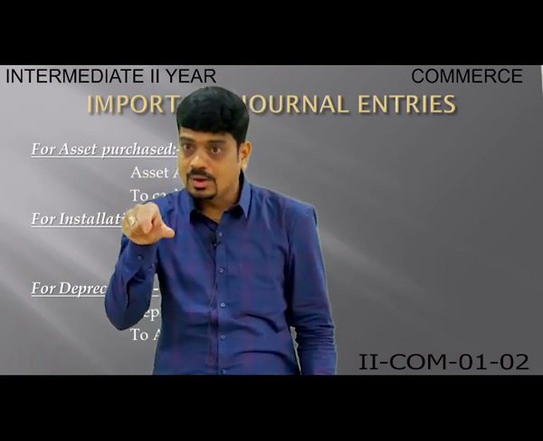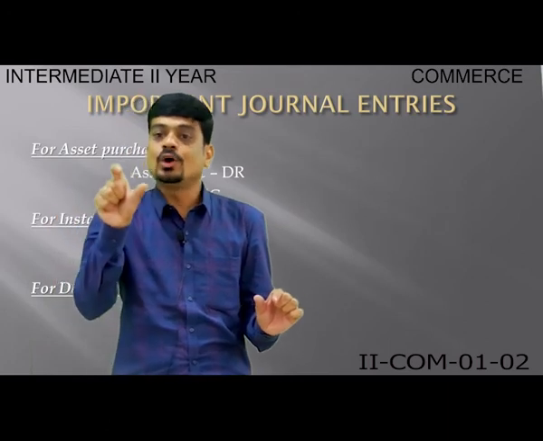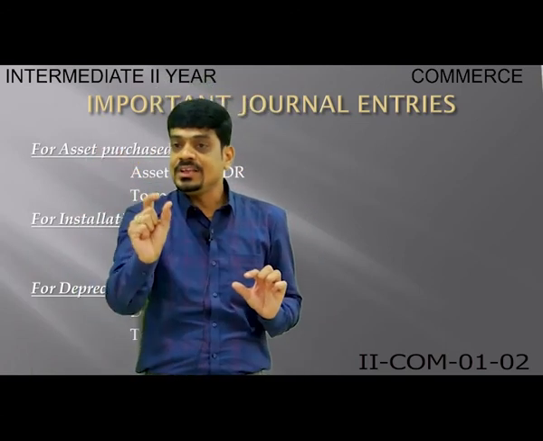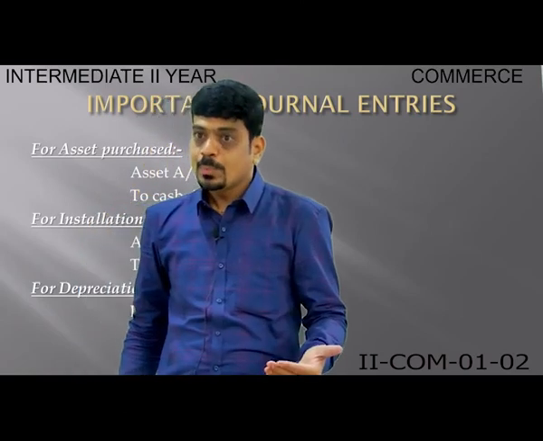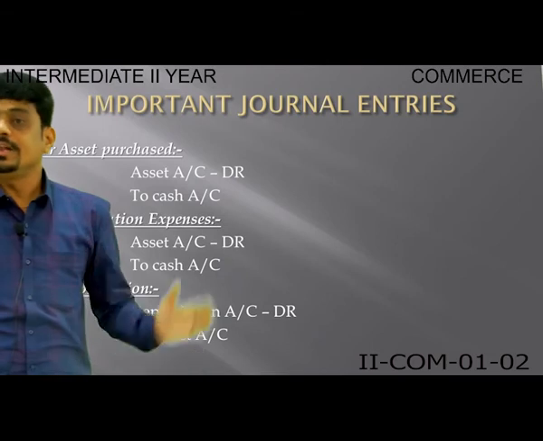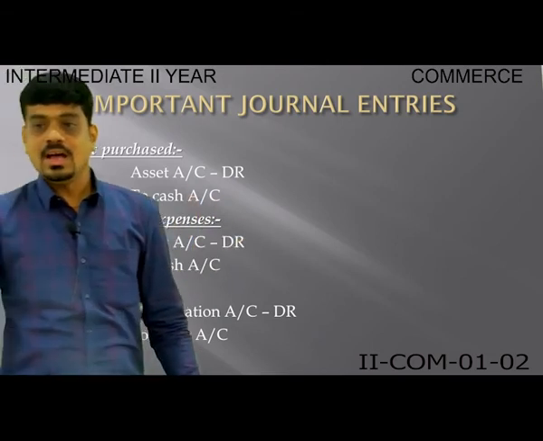Being a nominal account, no doubt it is not a monetary expense, but it is a sort of loss to the business. It is like a loss. Thereby, on the principle of debit all expenses and losses, we are debiting depreciation. So depreciation account debit to asset account. And at the end of the year, in the last session I showed you that depreciation will be transferred to the profit and loss account. That is, the entry will be profit and loss account debit to depreciation account.